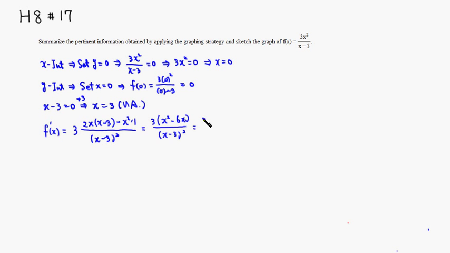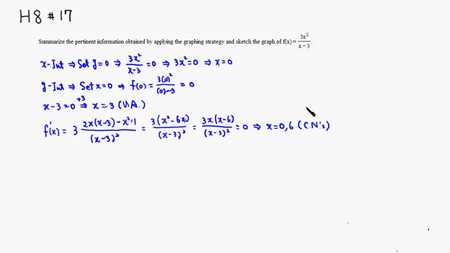Then we pull out the x, so we have x times x minus 6 over quantity x minus 3 squared. We set this equal to 0, so we set the numerator equal to 0. So x equals 0 and x equals 6 are the critical numbers.